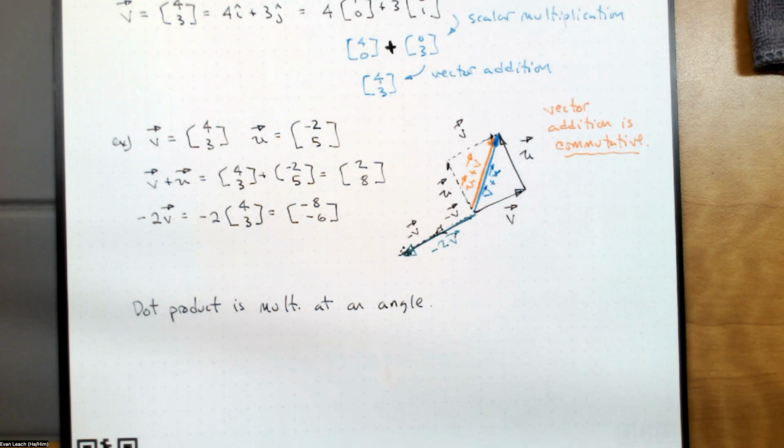But now that we have vectors, our quantities might be going in different directions. So what if I have 5 going horizontal, but my 2 is at some wonky angle? I'm not going to get all the 2 to get multiplied by the 5. This is where we're going to find the dot product of things.